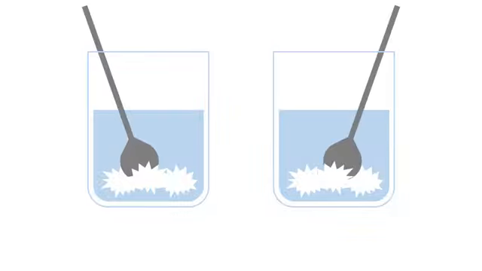The amount of water that you use in one experiment and in the other, they have to be the same. The type and amount of powdered laundry detergent that you used, they have to be the same. How strong or how vigorously or how energetically you mix the detergent into the water, it has to be the same.